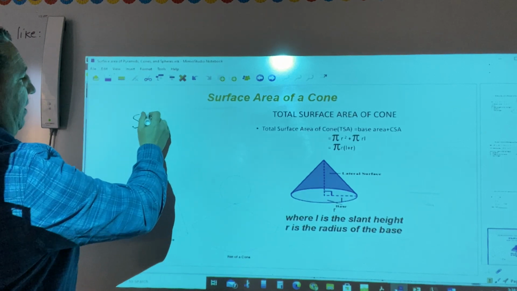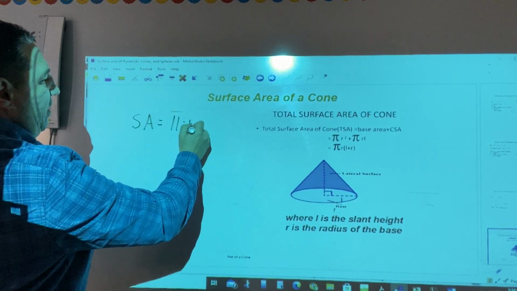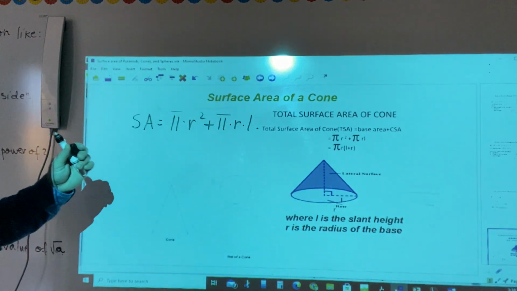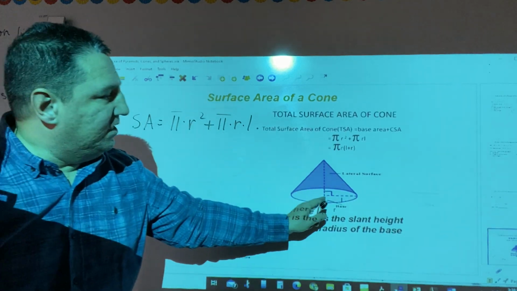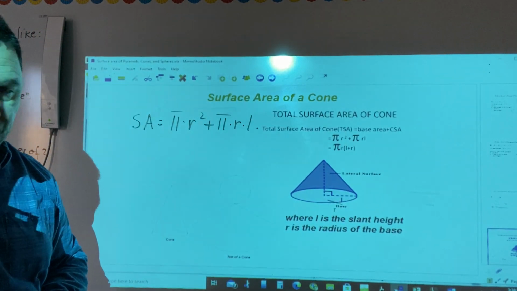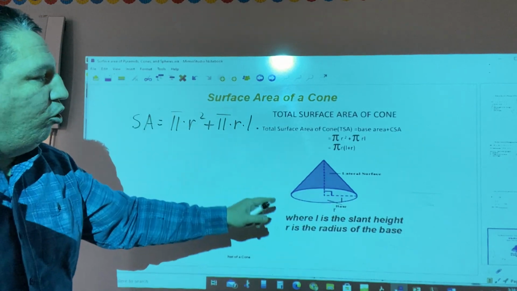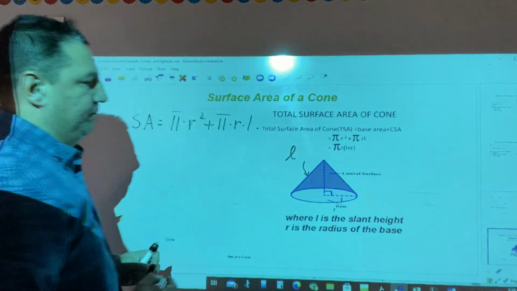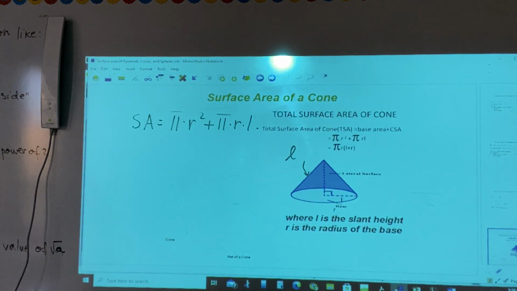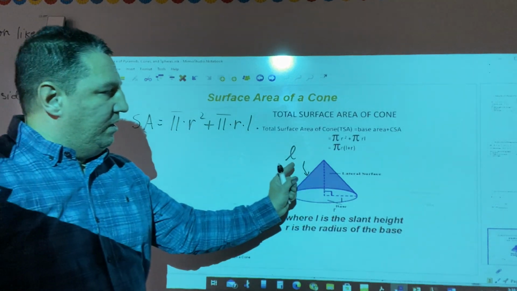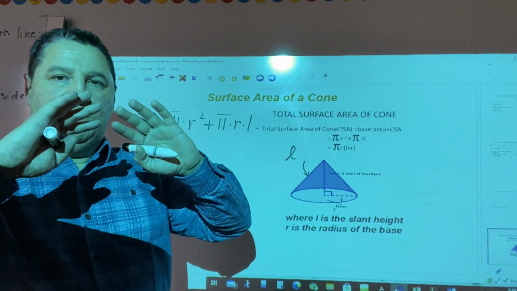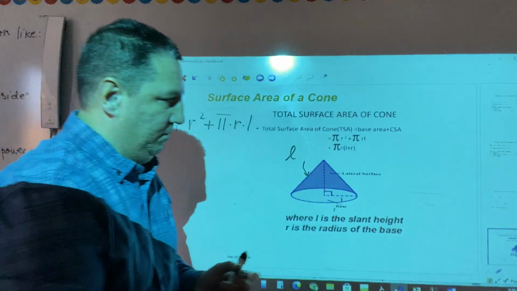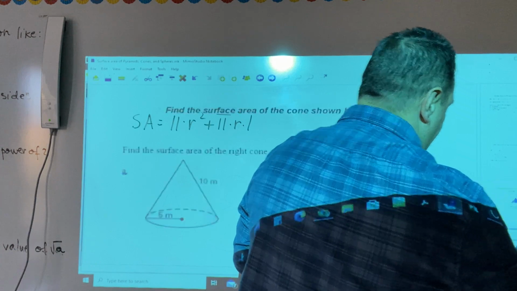So surface area will be pi times r squared plus pi times r times l, where r is the radius of the base, the circle, and l is called the slant height, this one. Yes? The lateral surface is the surface of a sector of the circle. Now, let's have an example.